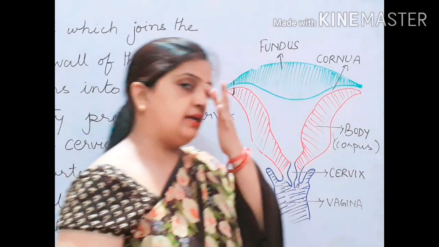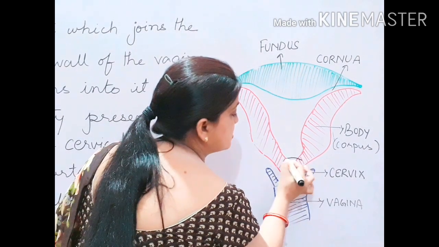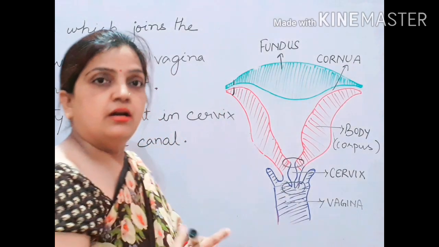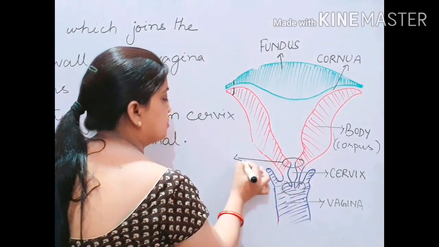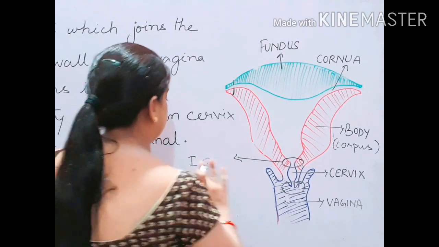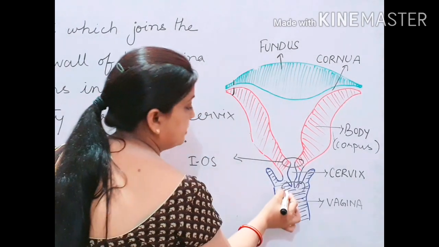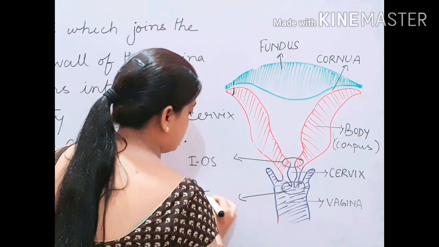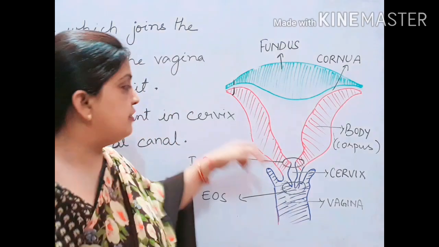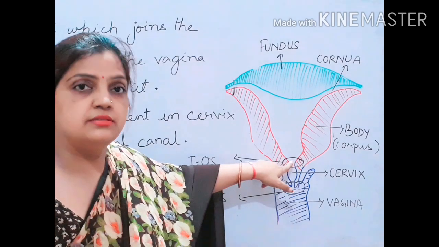Now I told you that your cervix has two parts. Two parts means one opening you can see over here and the other opening you can see over here. This opening is called the internal OS. And this opening is called the external OS. So cervix has two openings. The first, internal OS, is where the uterus opens into the cervix.